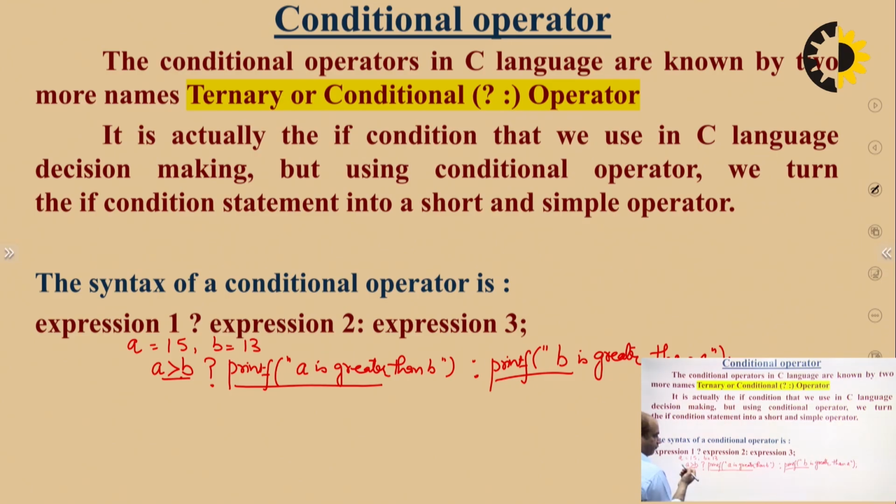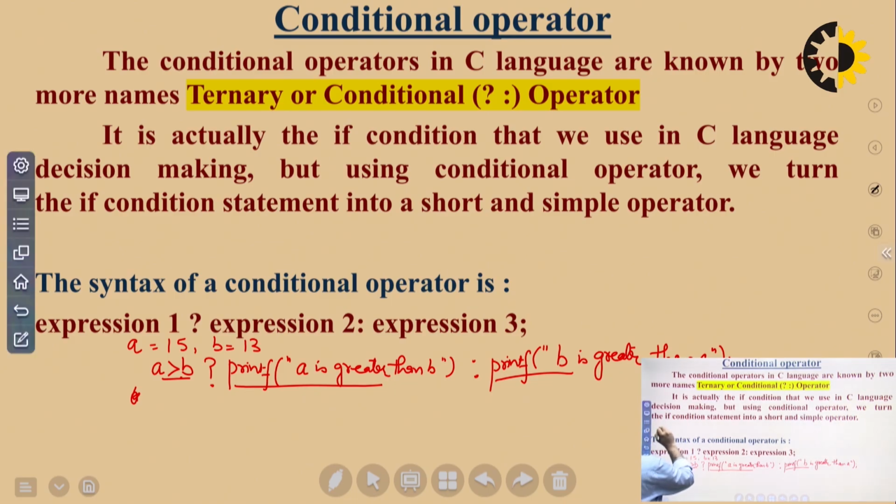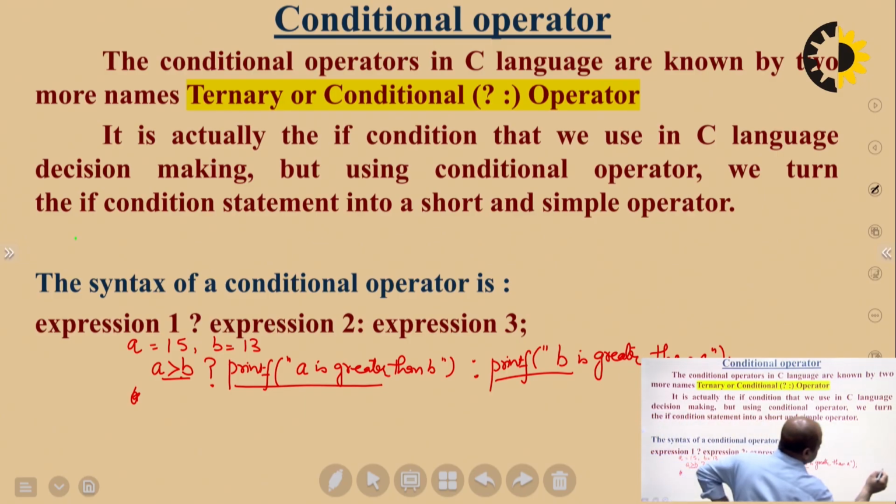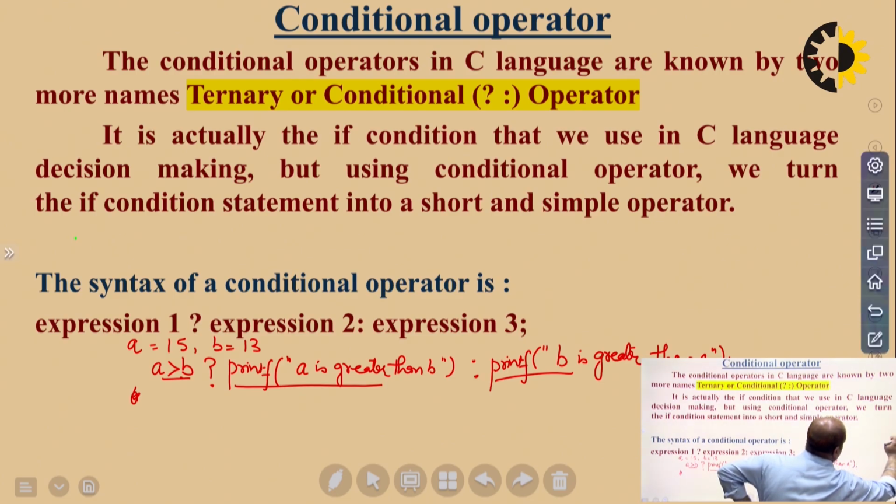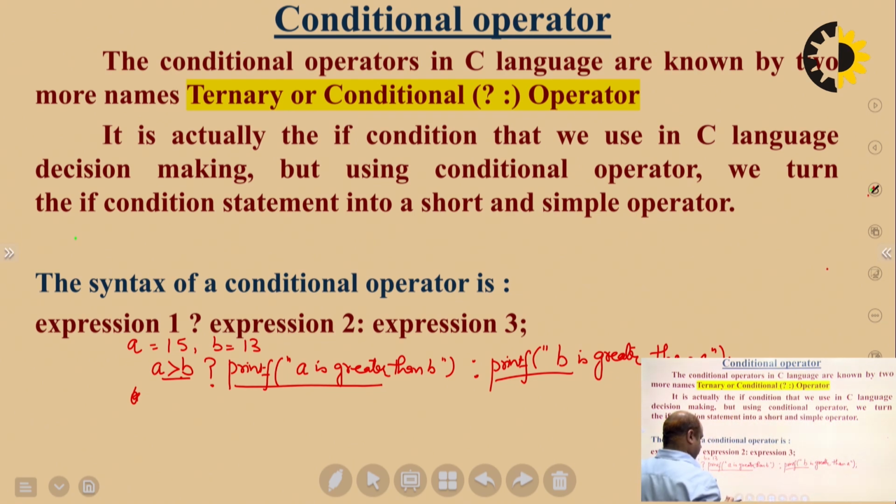If I don't write it this way, what I can take is C equal to A greater than B, question mark A, colon B. Either it will be A or it will be B. How?